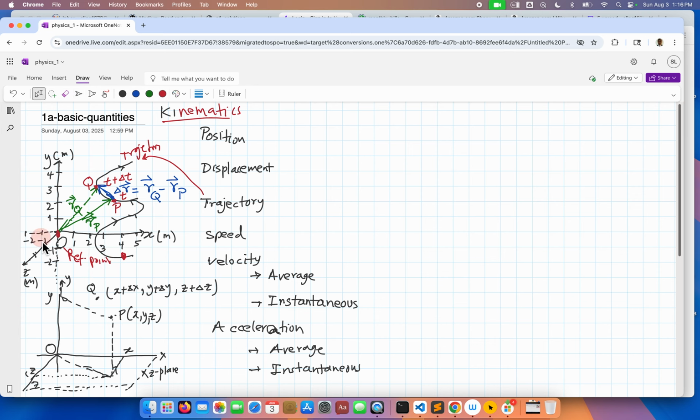And these are some reference directions you randomly picked. Maybe this is like an east facing wall or something like that. Maybe this is east and this is up, and maybe this is north, this is south.